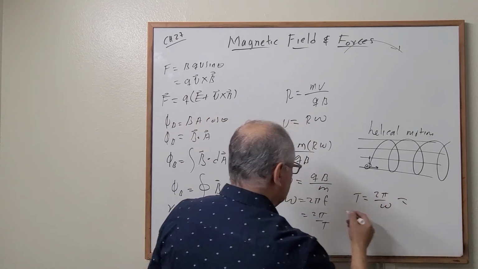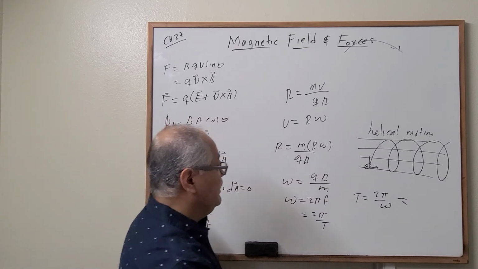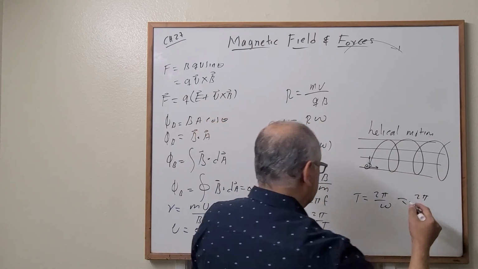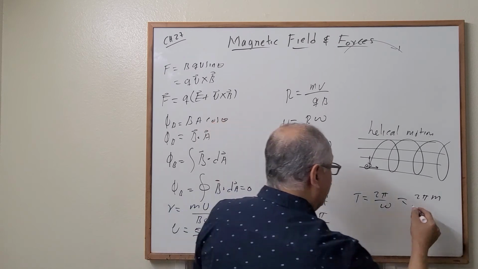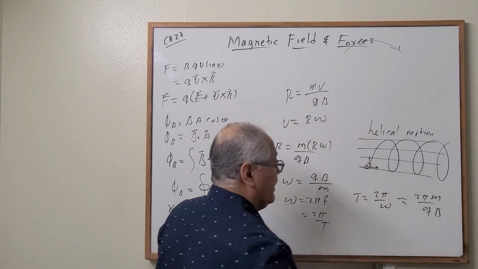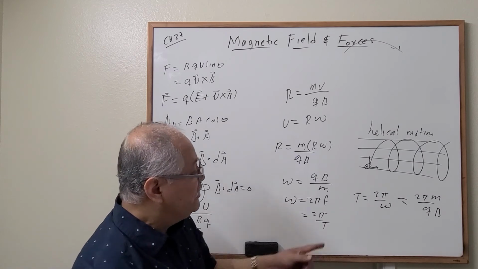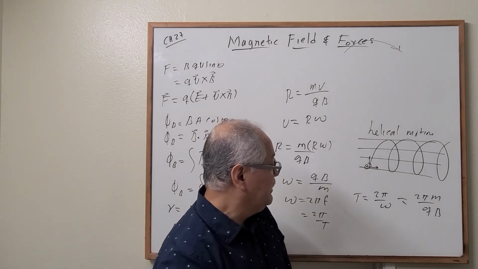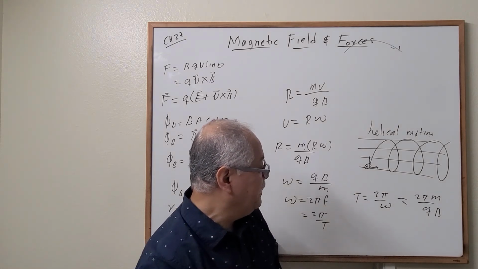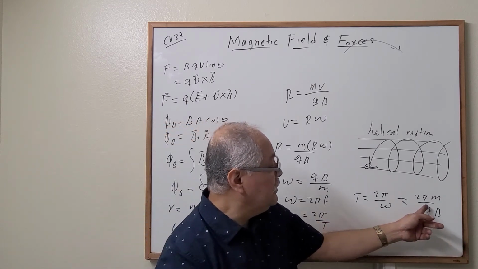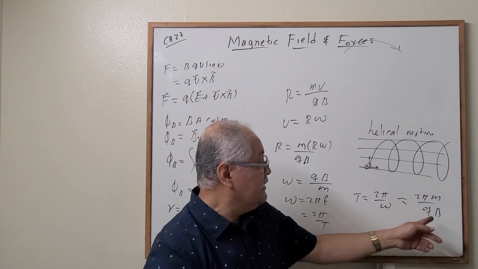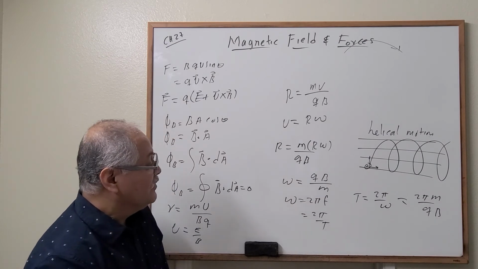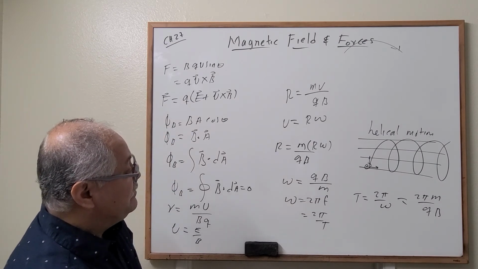But omega is equal to this quantity, so the period is equal to 2 pi times mass divided by the charge times the magnetic field. As you can see, the period doesn't depend on the speed, the velocity, and doesn't depend on the radius either. It depends on the mass, the charge, and the magnetic field. Perfect. So that's the period in a circular path.